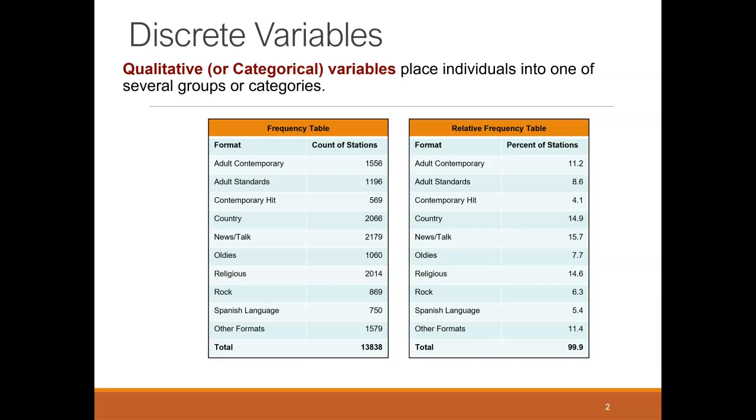Just to remind us that a qualitative variable places individuals into one of several categories, but they're non-numeric. So for example, one variable would be format, and notice that these radio station formats are non-numeric. That makes them qualitative.